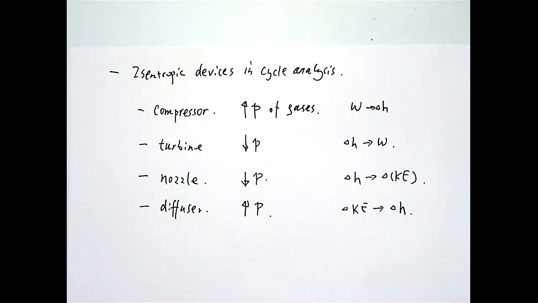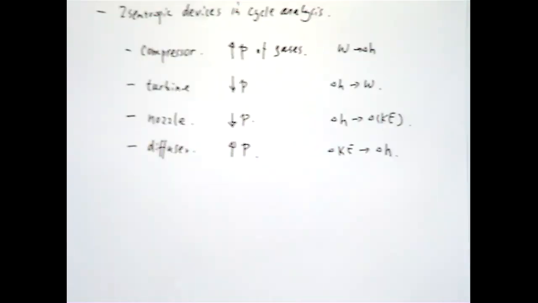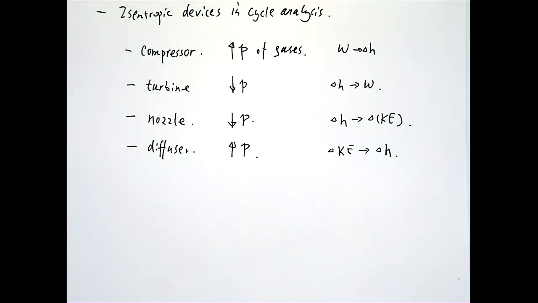All right, so that's several devices where we consider the process going through them as isentropic, so that we can apply the equation we just learned to calculate the temperature, pressure, and volume change going through these devices.